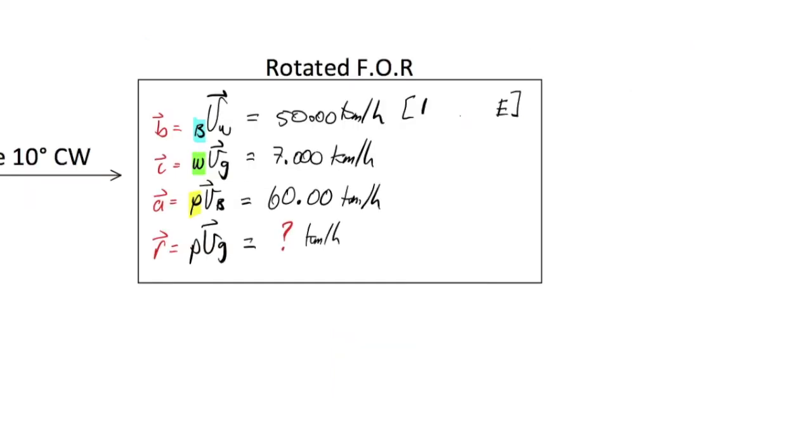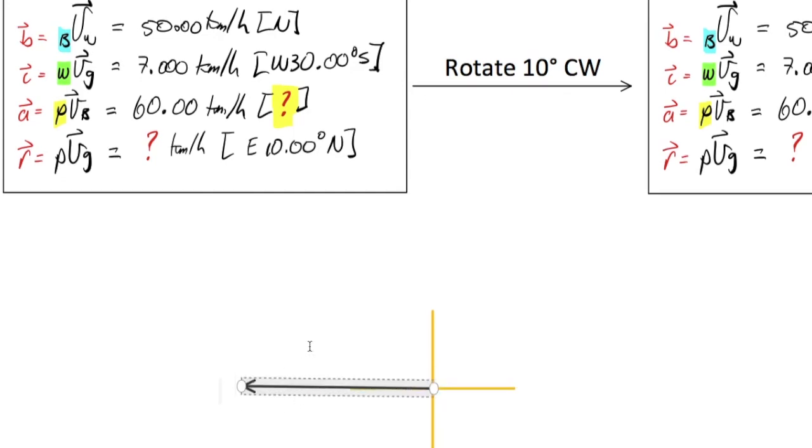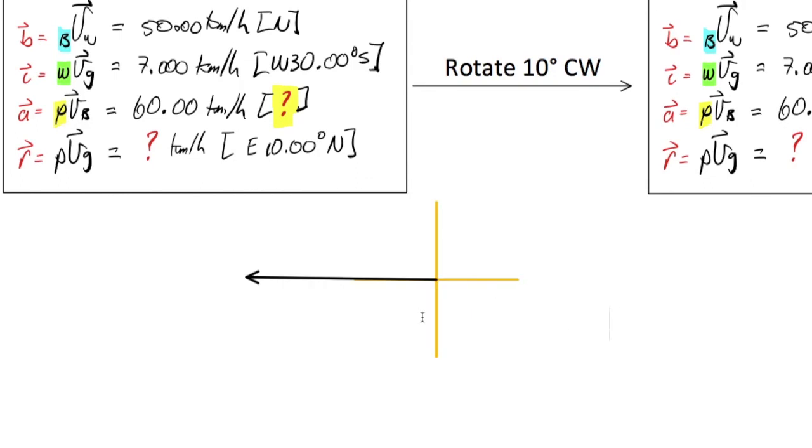And let's make that a little clearer. Vector C in this original form was west 30 degrees south. So let's take this west, get it in a more visible position, 30 degrees south. All right, so it's going to look something like that. Now, we're rotating again 10 degrees clockwise, which means that we have to rotate in this direction by 10 degrees.